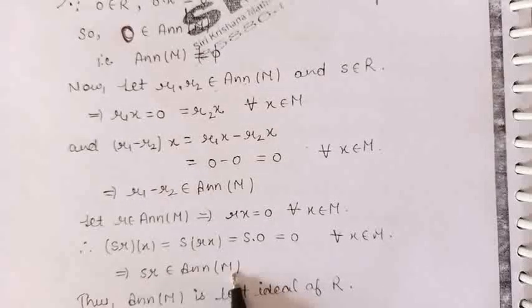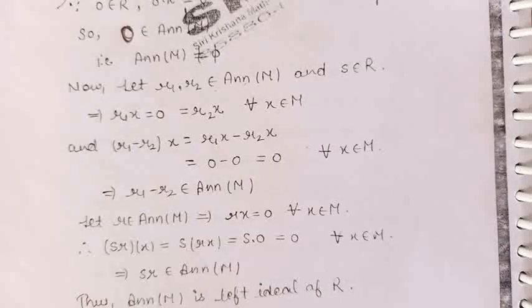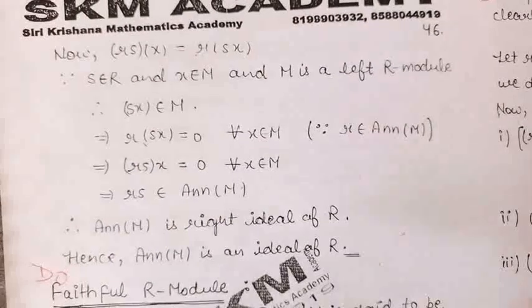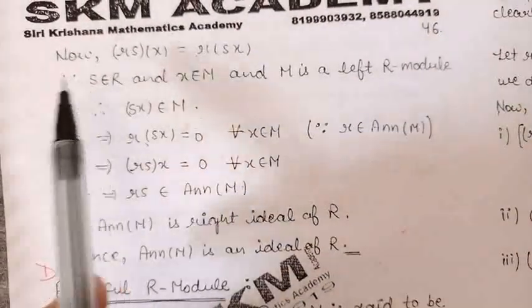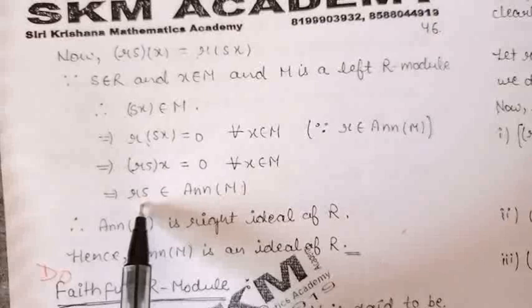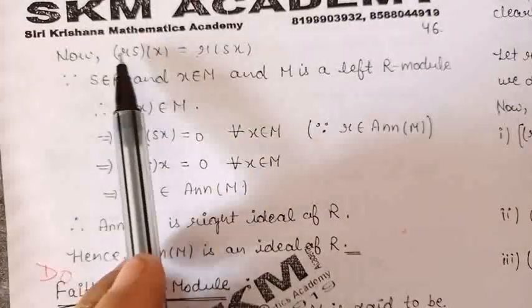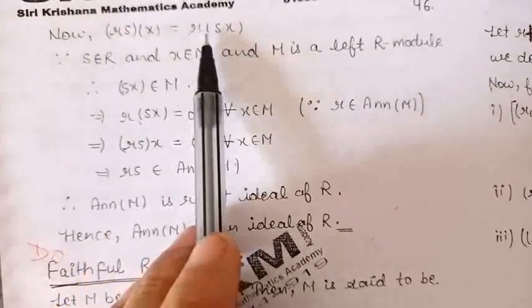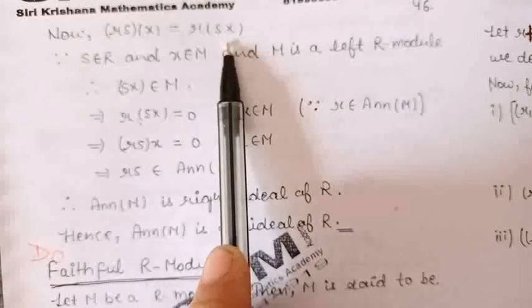Now to prove it is a right ideal of ring R, let us find the value of rs into x. Now rs into x is the same as r into sx.